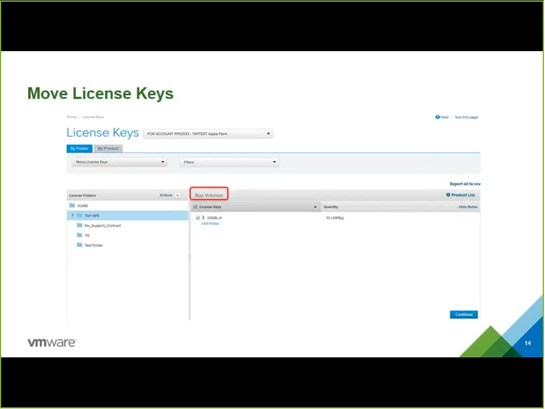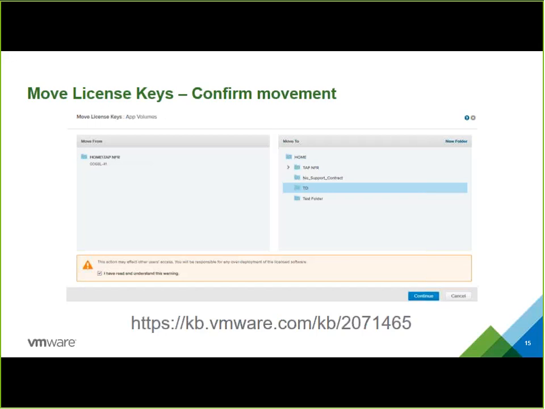And then next, you'll select the VMware product that you'd like to move the license key for. Then checkmark the box to the left of the serial number. And then just click the blue Continue button there at the bottom of the page. And you're ready to go.